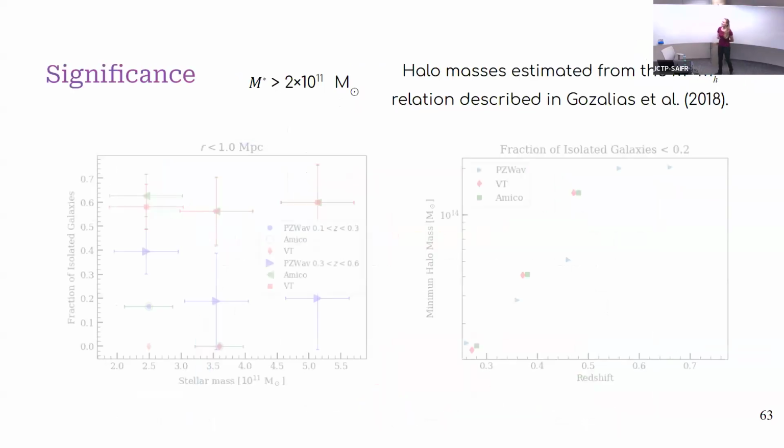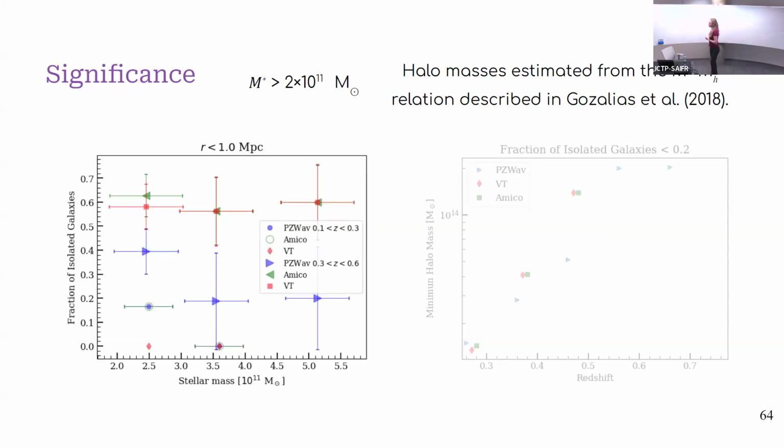And as a final study of these catalogs, we try to analyze the significance of these detections. So we expect that at least one massive galaxy will be centralized in these clusters. So we use this catalog of massive galaxies. And using the relations of Moster et al. 2018, we compared the halo mass with the central galaxy stellar mass.